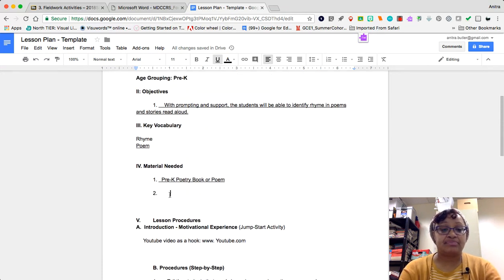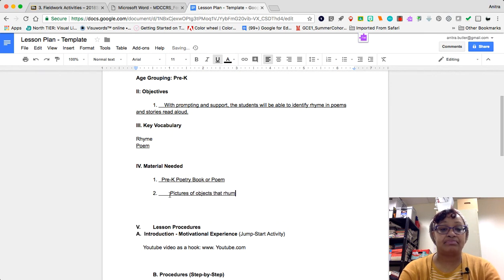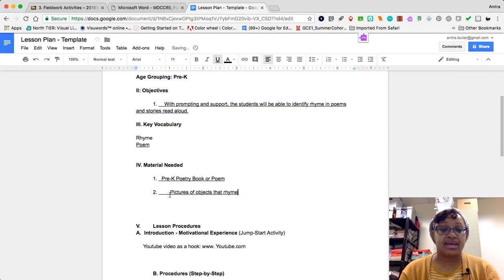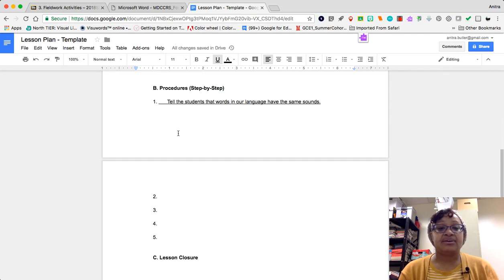So I'm going to need some pictures of objects that rhyme. Okay, so then I'm going to tell the students that words in our language have the same sounds. All right. Step 2. Oh, before I do that, introduce the new vocabulary word, which is rhyme.